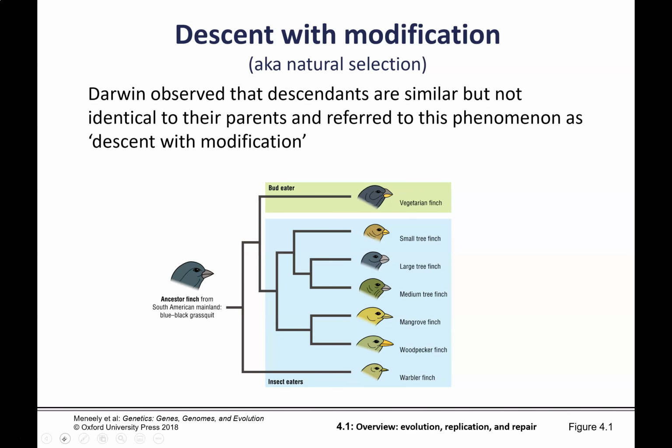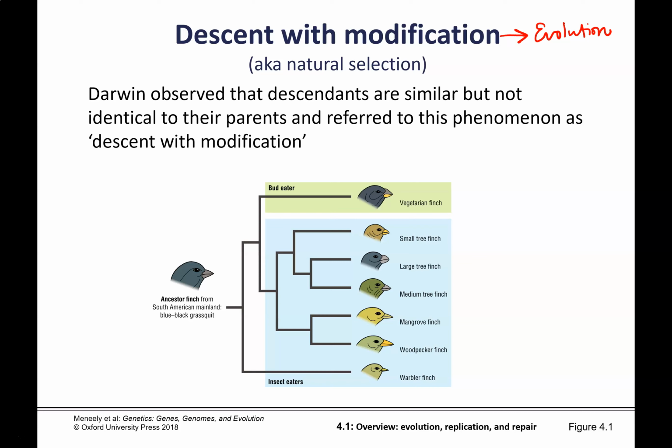So one of the important things for thinking about how populations change over time is this idea of descent with modification. Now, descent with modification is basically the process of evolution. And it's the original term that Charles Darwin used. Now we tend to use the term natural selection.